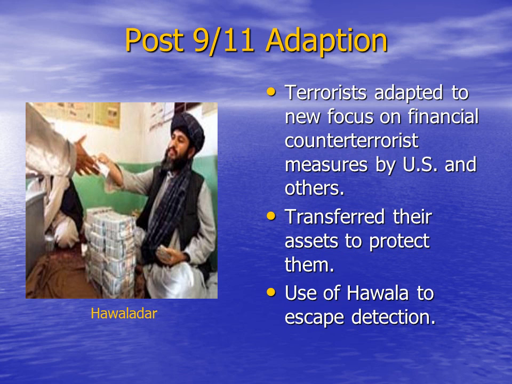I would give him the $5,000. He would give me a code. I would call the terrorist in Syria and say, here's the code number, and here's the person you need to see. Tomorrow that person would go to another Hawaladar in Syria, and he would turn over that $5,000.